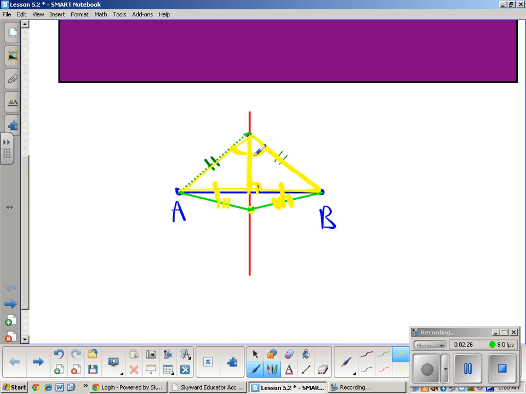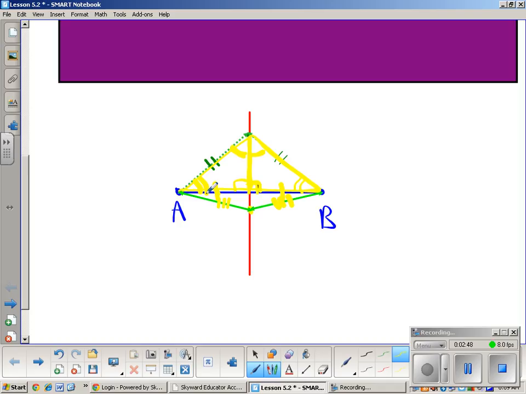Okay? So a lot of information comes out of this one theorem, doesn't it? We know just about everything we want to know about these triangles now, don't we? In fact, we know everything. These angles are both 90, and these are equal, so that means these two have to be equal, right?